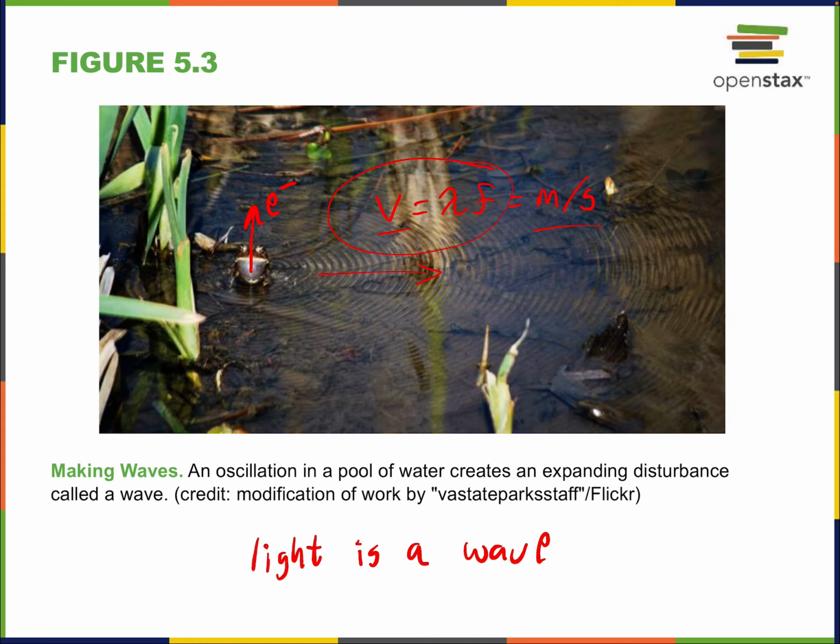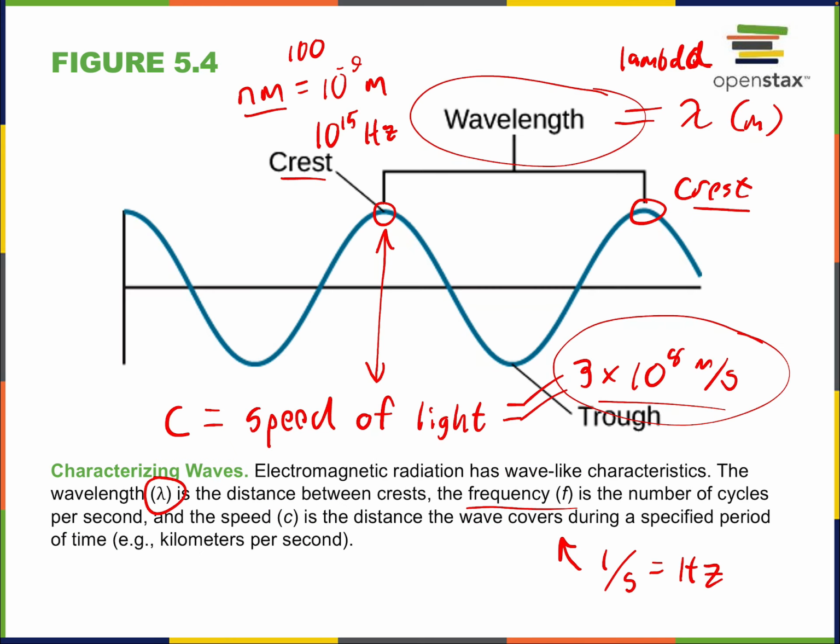That means we can rewrite this equation of v equals lambda f, because ripples in a pond do vary in speed depending on the characteristics of the pond and so on. And ripples in air travel at different speeds than ripples in water. Earthquakes, or ripples in the earth, travel at a different speed, but light always travels at the same speed. So we write the formula as c, the unchanging speed of light, equals the wavelength times the frequency.